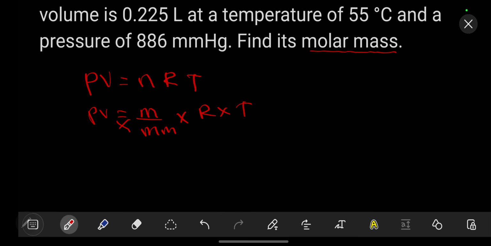If we cross multiply, we have PV times the molar mass equal to our mass times RT. Then we divide by PV.